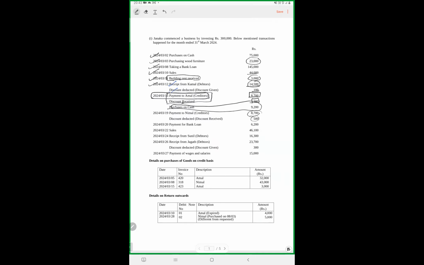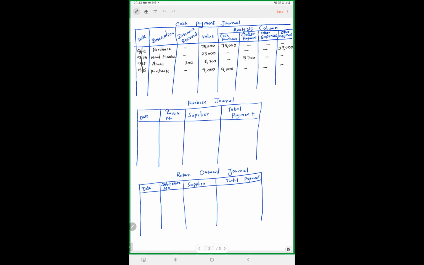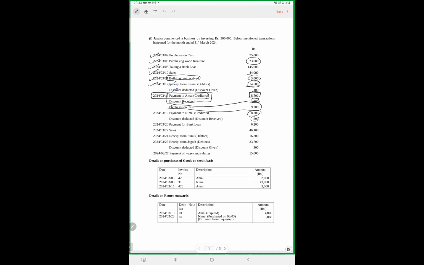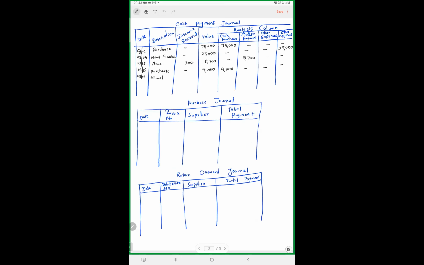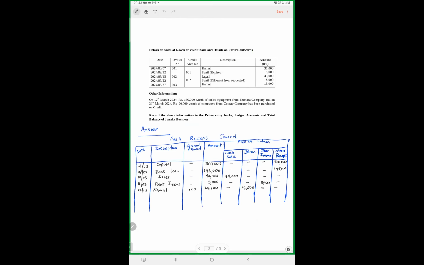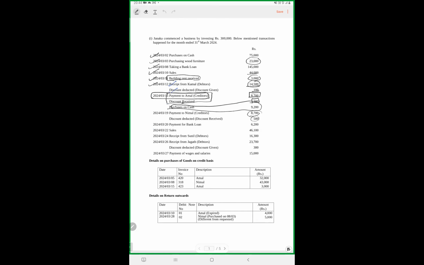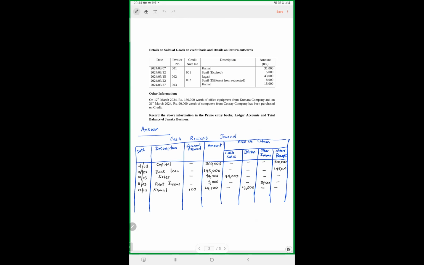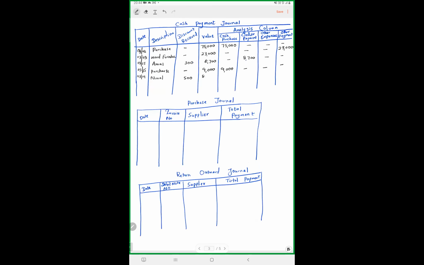Nimal, the date is 19th. Then we are receiving the discount 500. Then we are paying 8,700. Nimal is creditor, so therefore we need to include it in the creditor column.